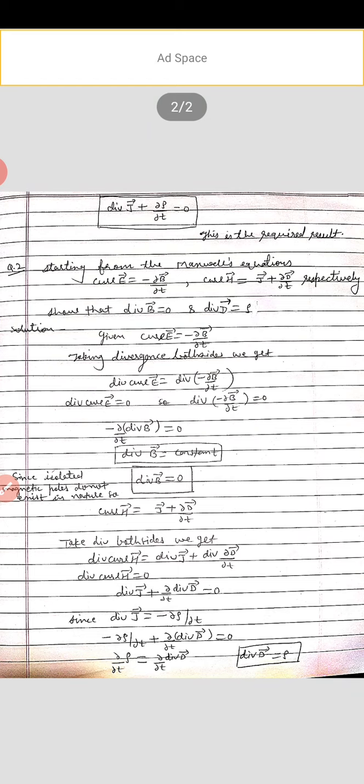On interchanging the differentiation and divergence operations, we get minus del by del T, divergence B is equals to 0, and we get divergence B is equals to constant. Since isolated magnetic poles do not exist in nature, we can write divergence B is equals to 0.